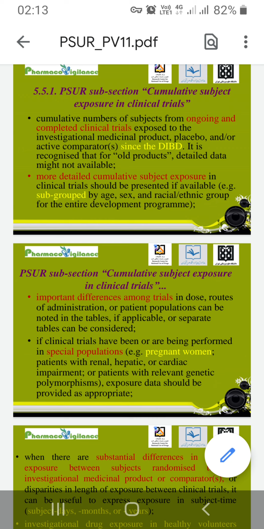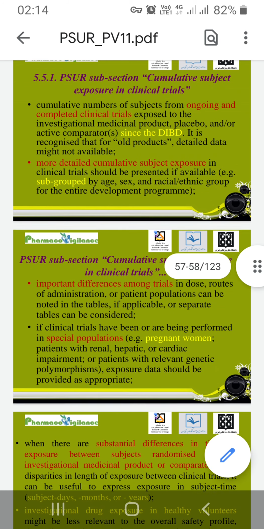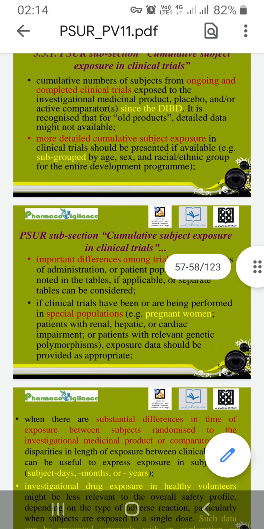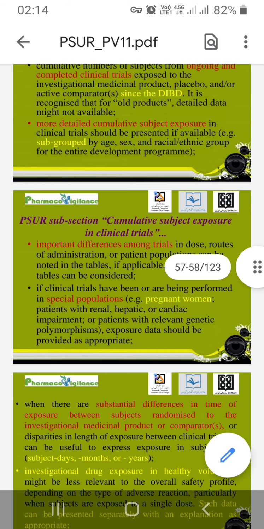Since the DIBT, it's recognized that for old products, detailed data might not be available. More detailed cumulative subject exposure in clinical trials should be presented if available, for example, subgrouped by age, sex, and racial and ethnic group for the entire development program.